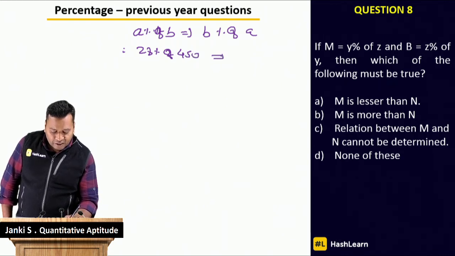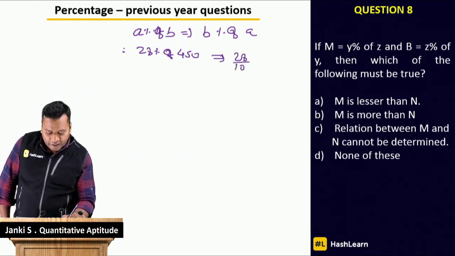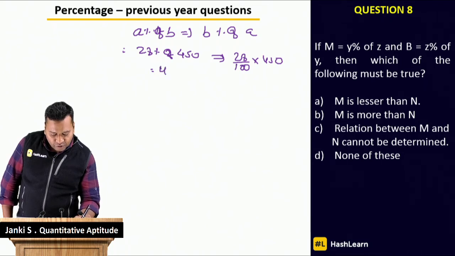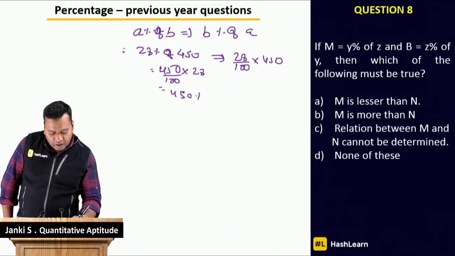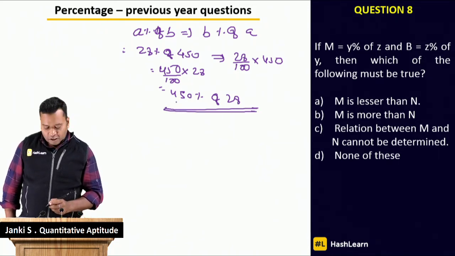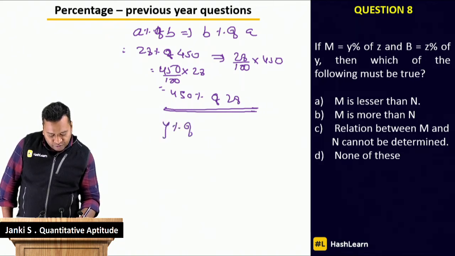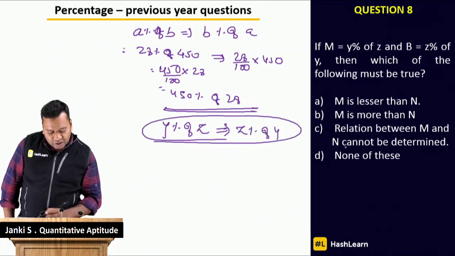I could have written this as 28 by 100 into 450, which could also be written as 450 into 28 by 100, nothing but 450% of 28. So I can always represent the values in these formats. So here it's given y% of z. This value can also be written as z% of y. That's my basic representation here.